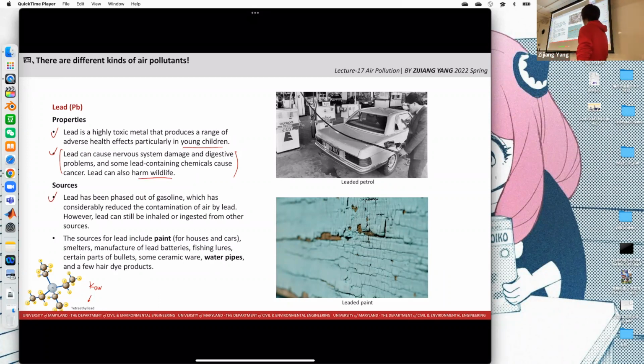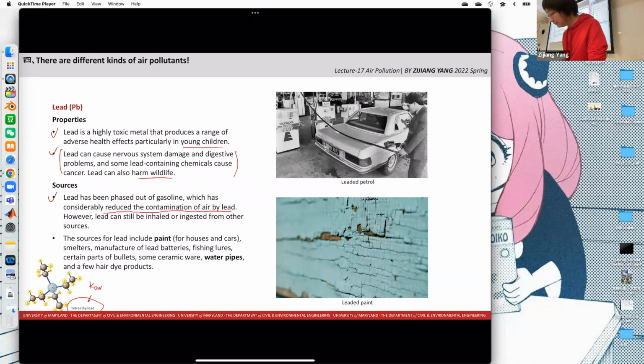In history, we added lead, especially this tetraethyl lead, into gas because it can make the engine run smoother. But when it was released into the environment and caused problems, it was banned. Because of the ban, the contamination of lead in the air was reduced.